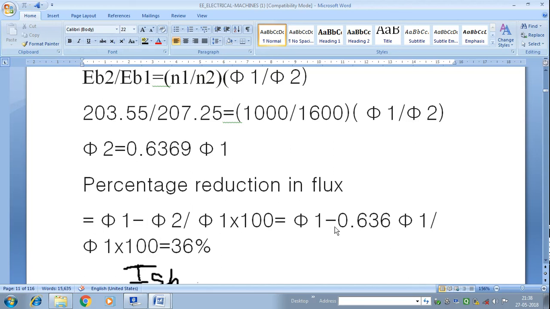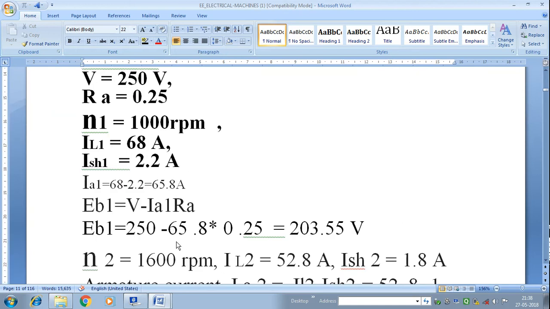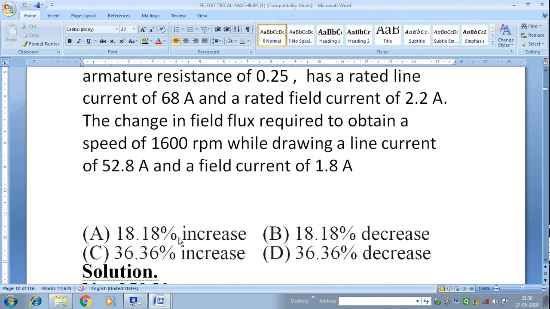That is 0.63651 divided by phi1 into 100, that is 36%. Therefore, the correct answer is 36%.